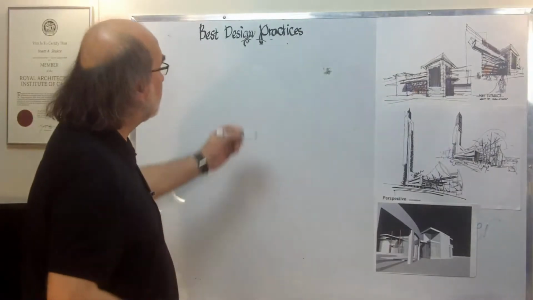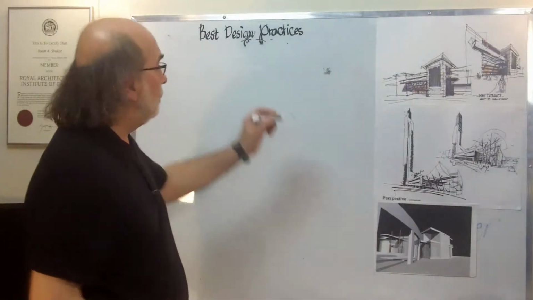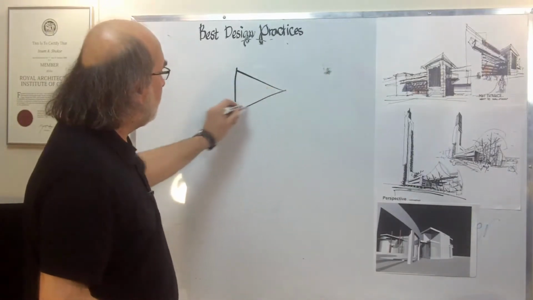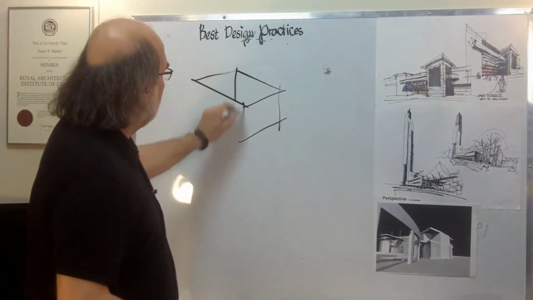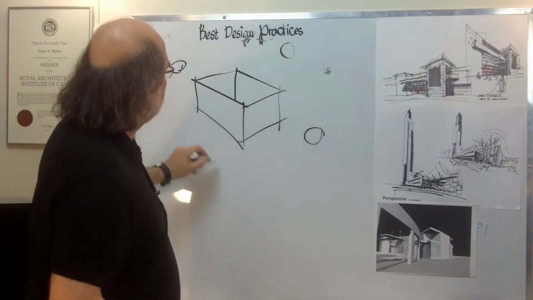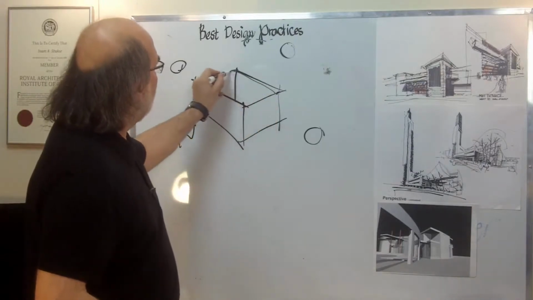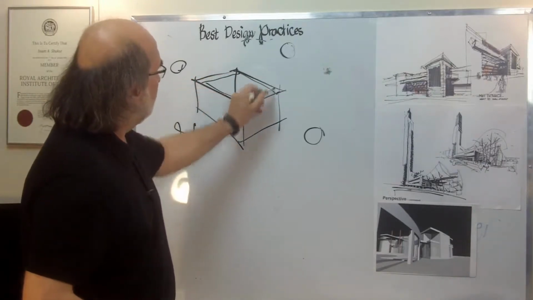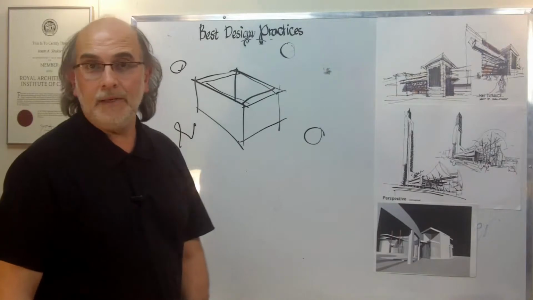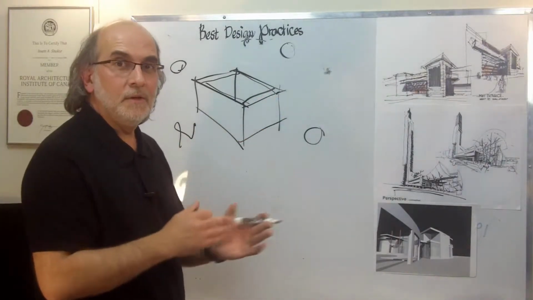Now the third aspect is the detailing. According to the criteria that we talked about, the south, the west, the east, and the north, the wall itself could be designed differently if it's not getting the heat.